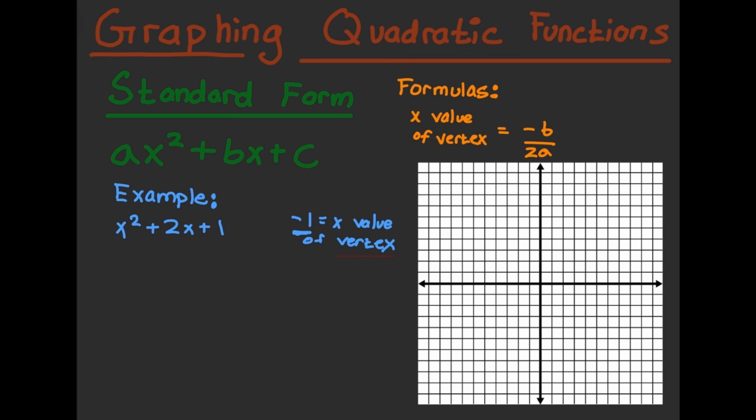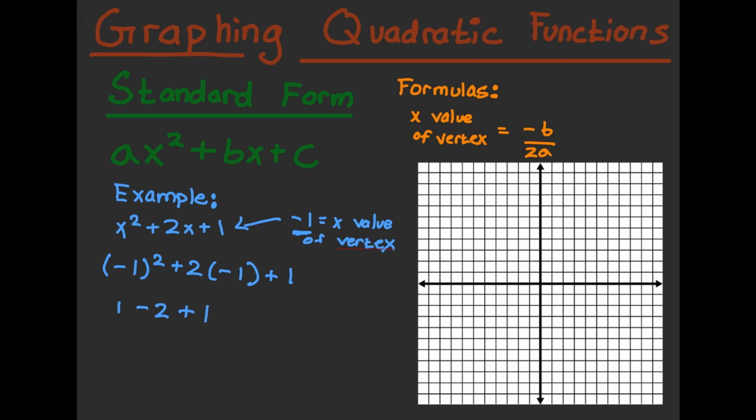Now that we have the x value of our vertex, we want to find the y value. So we will take the x value and plug it back into the equation. This will now be negative 1 squared plus 2 times negative 1 plus 1, which can be simplified to 1 minus 2 plus 1.